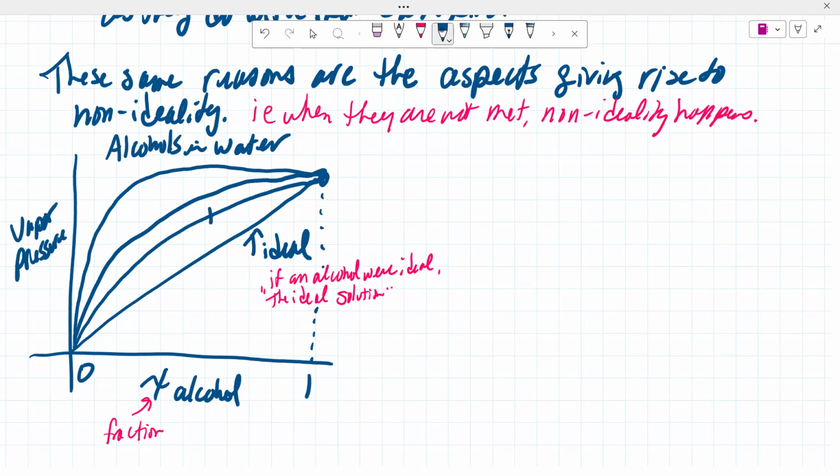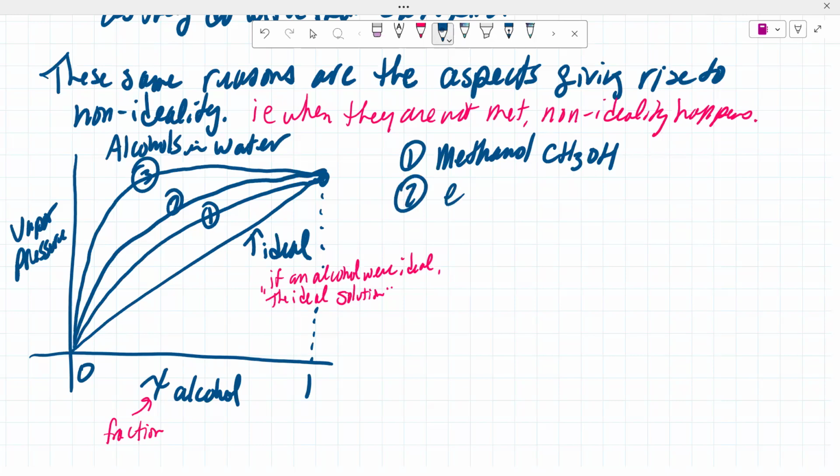Let's label it like this: 1, 2, and 3. Curve 1 is methanol, CH3OH. So that's this one.